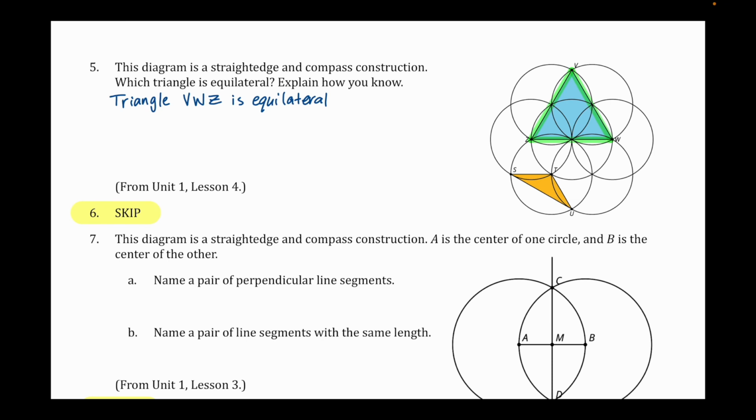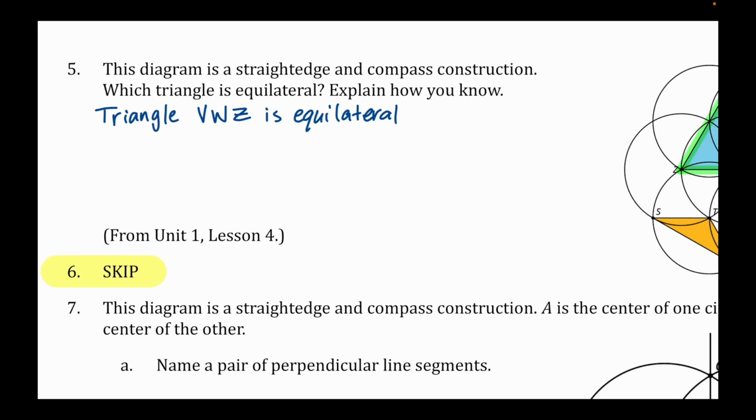So what I'm going to say is that triangle VWZ is equilateral because all three sides are diameters of congruent circles.